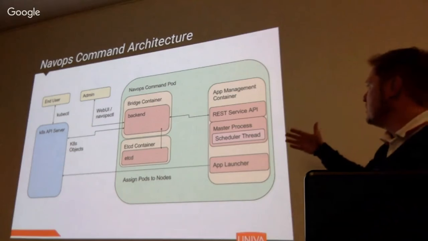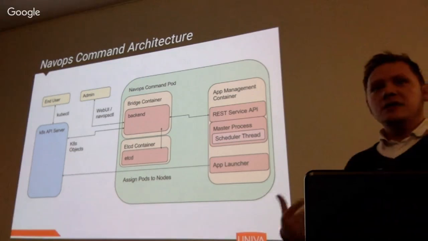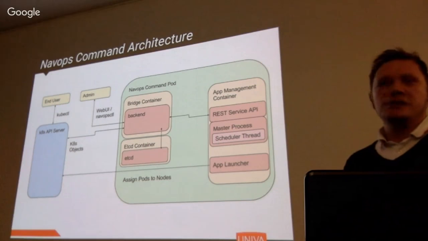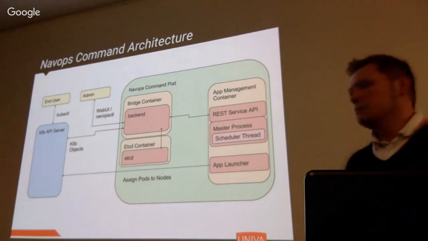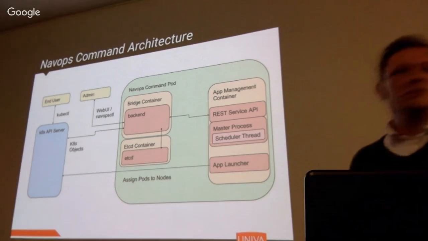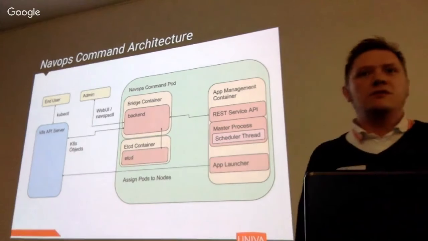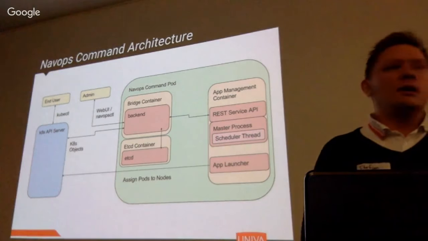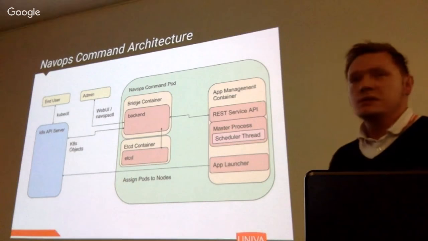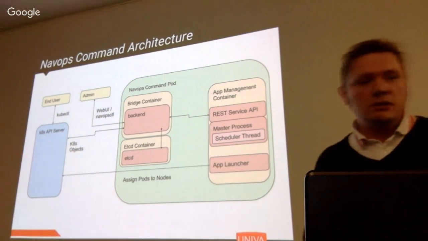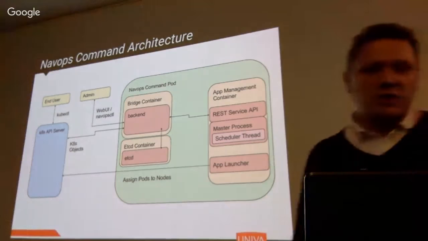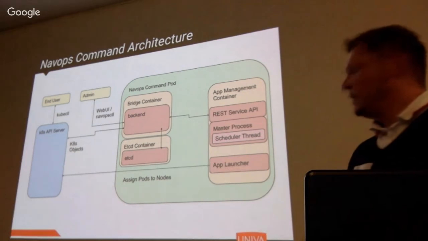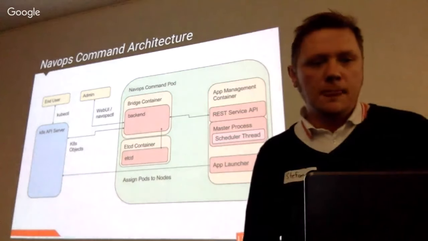Our app management container feeds that into our scheduler, and the scheduler makes decisions on which machine to place this pod. For example, if you want a host with special storage bound to it, or with a special CPU, or you need a bunch of memory, all these things will get recognized by our scheduler, and upon that, it makes the decisions.